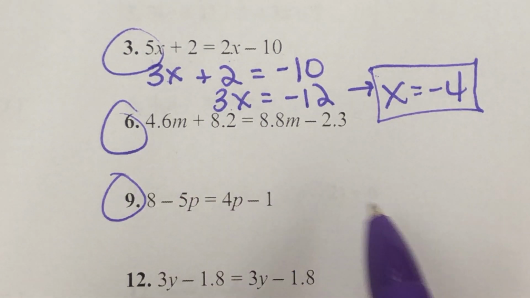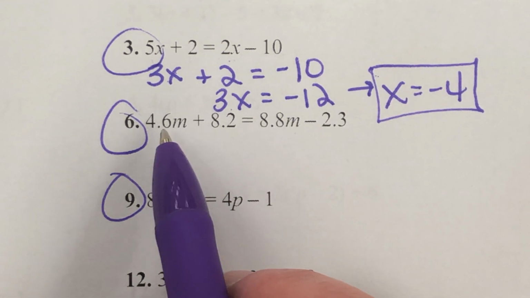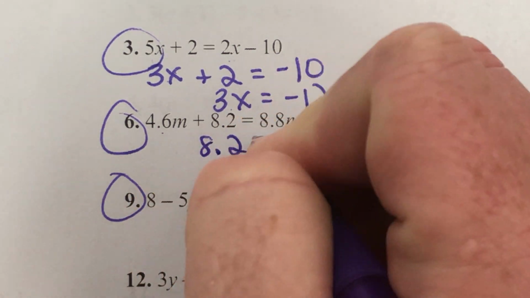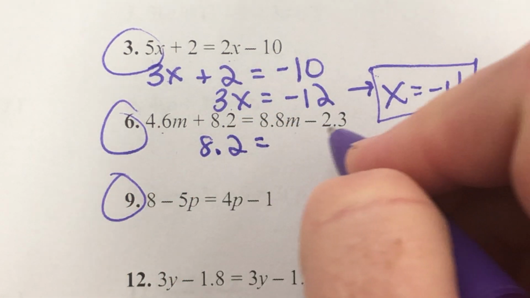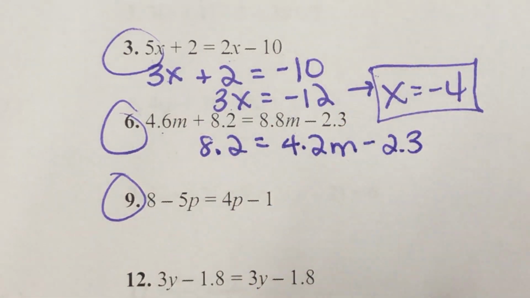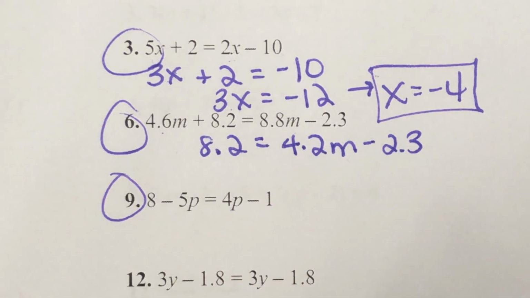But here we have decimals, so 4.6 and 8.8. Which one's smaller? 4.6. So we subtract 4.6m from both sides of our equal sign, and we get 8.2 equals 4.2m minus 2.3. And then we want to add 2.3 on both sides of our equal sign.